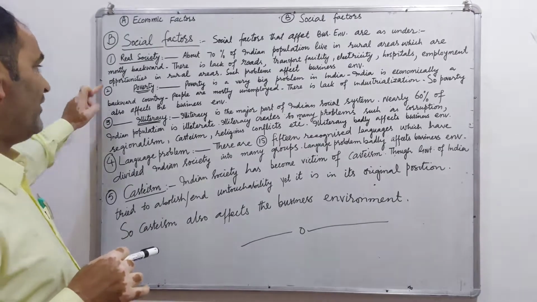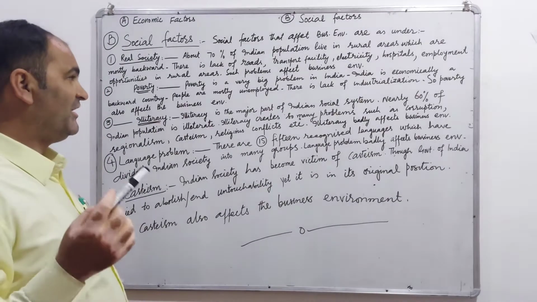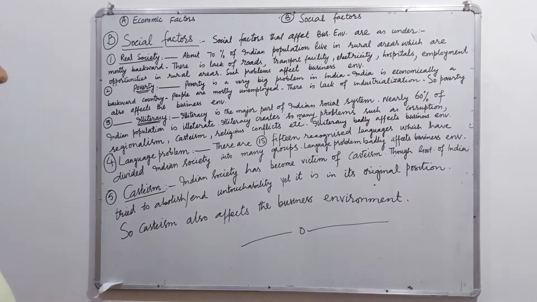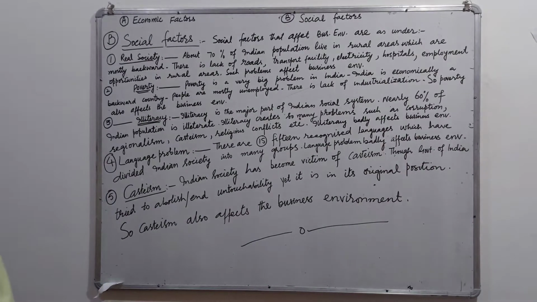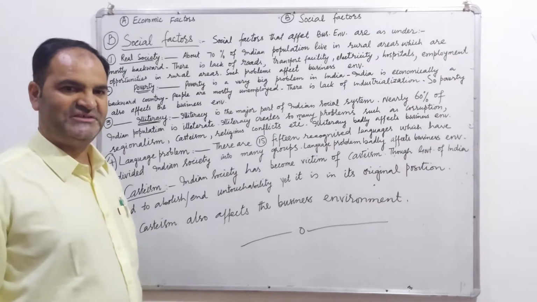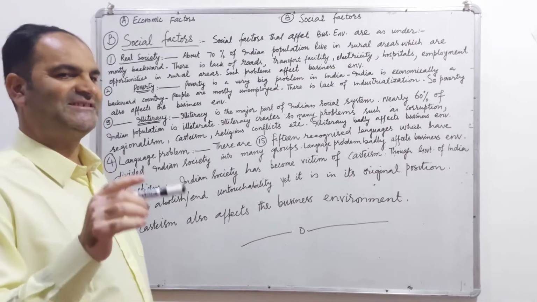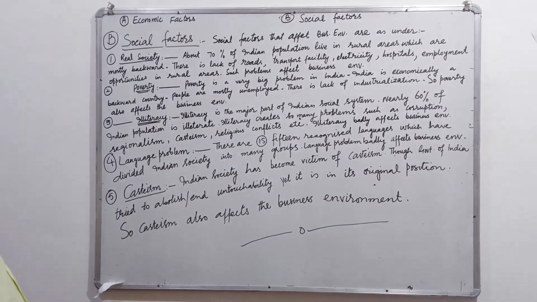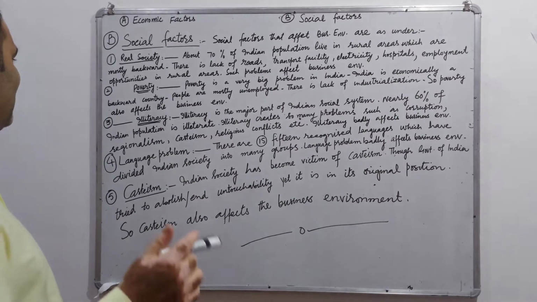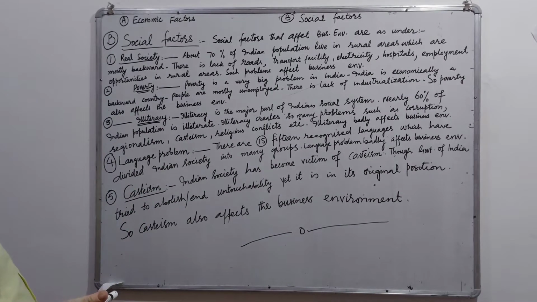Number two is poverty. Poverty is a very big problem in India. Everyone knows that India is among the poorest countries of the world. India is economically a backward country. People are mostly unemployed.